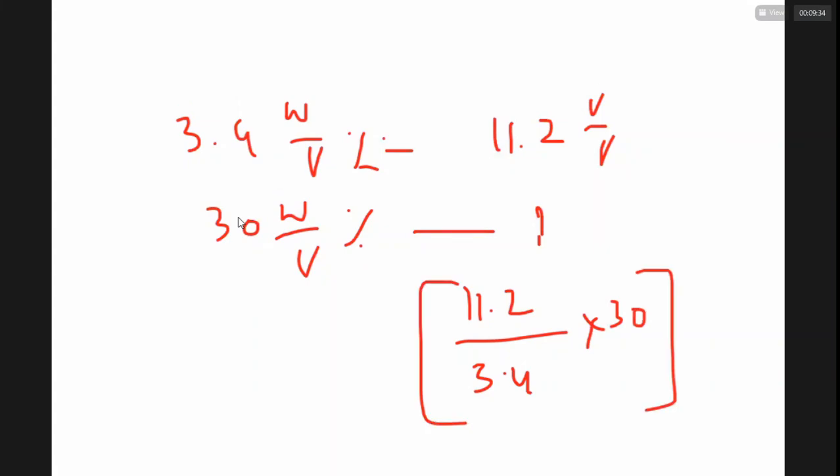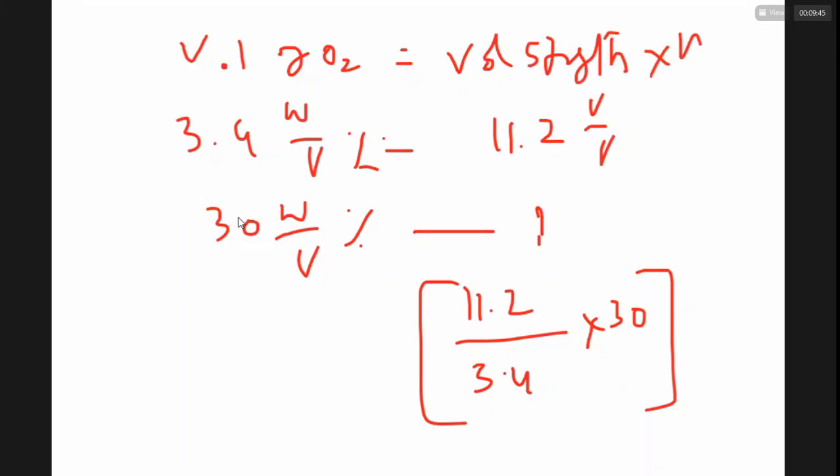Always, volume of oxygen released is equal to volume strength into volume of H2O2 taken. Here the volume of H2O2 taken is 100, and the volume strength is this much. What is the answer?